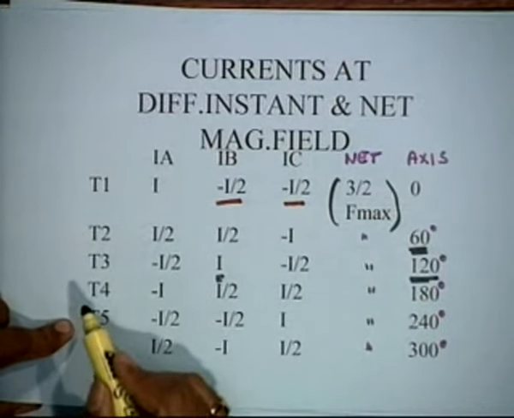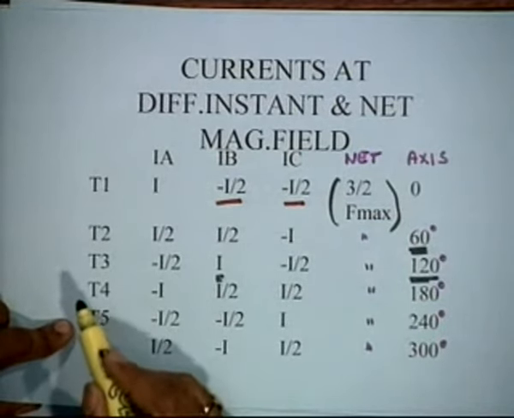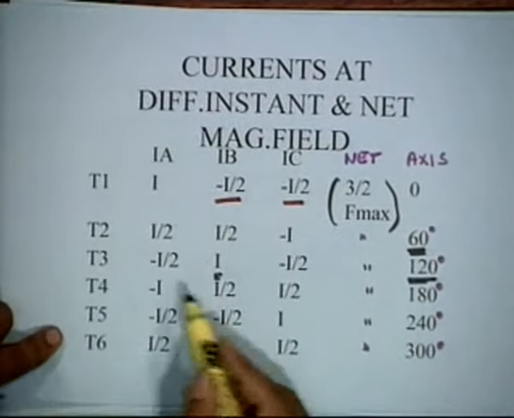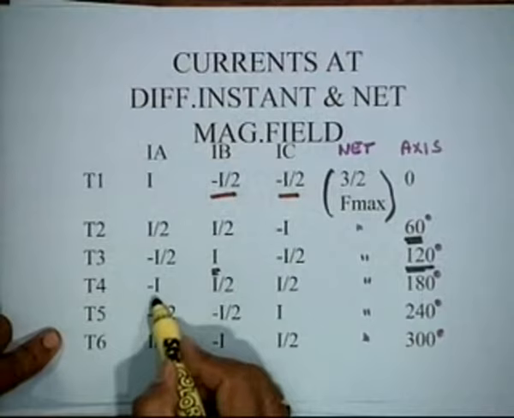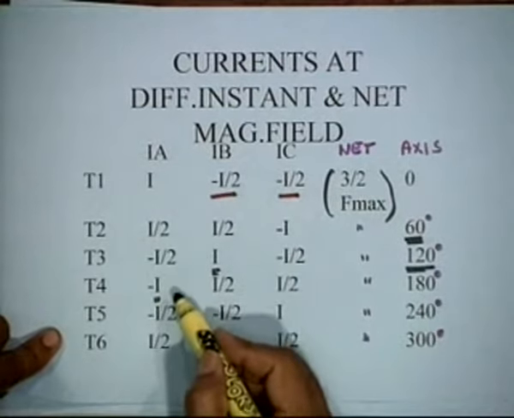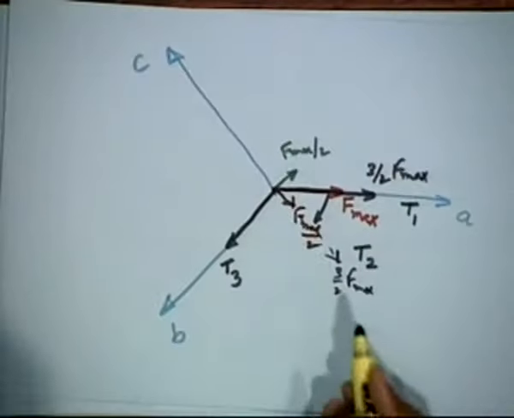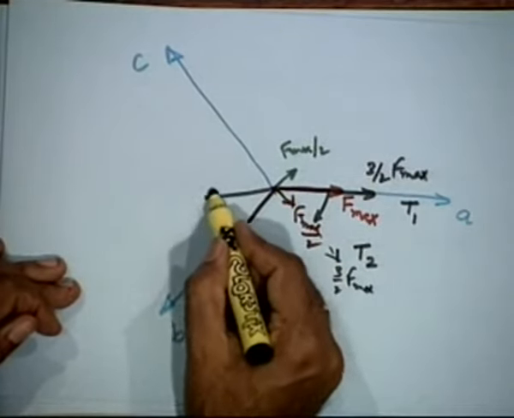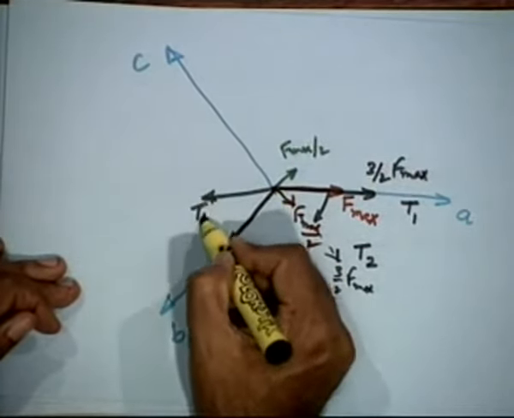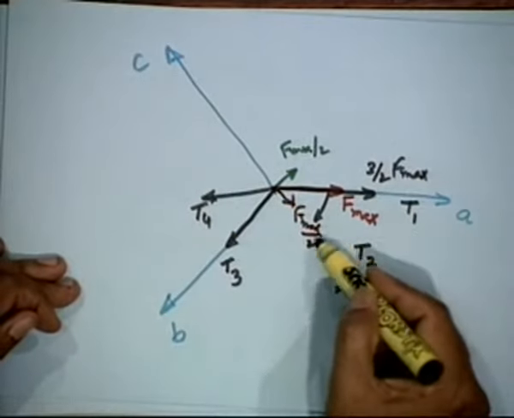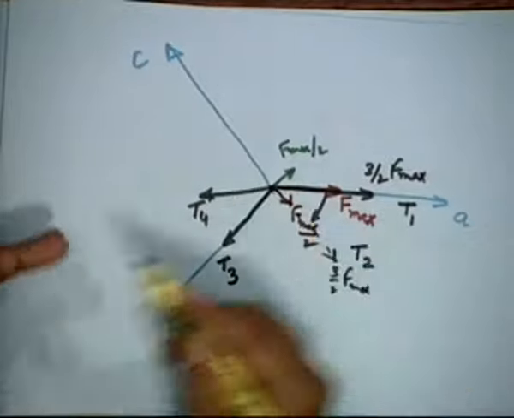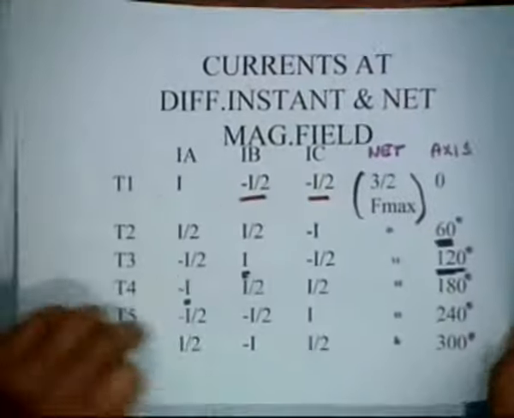So, you notice at time T3 of the waveform the magnet has moved along the B axis. Next, at T4 it is centered along minus A, opposite to the A axis. So, you will automatically see this has gone here. This is T4.